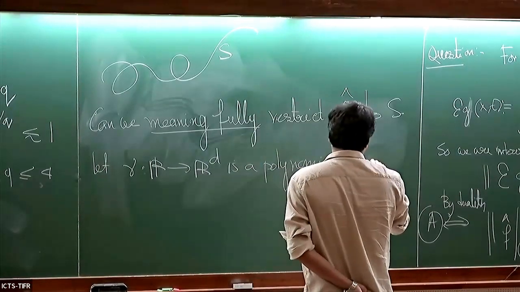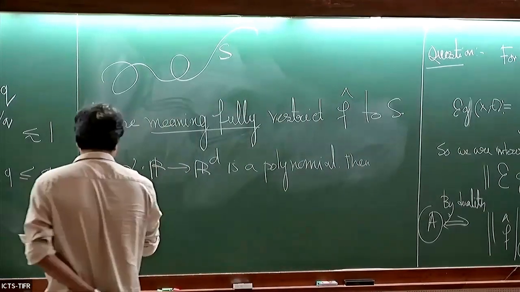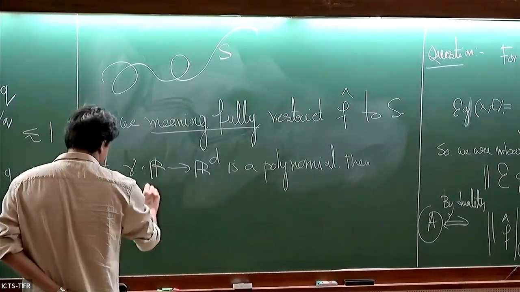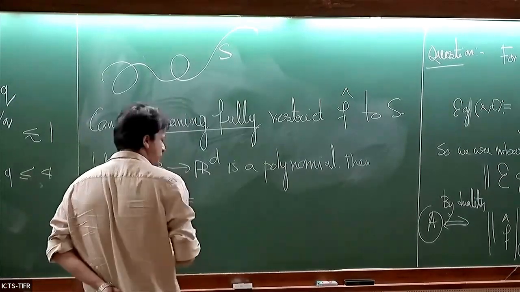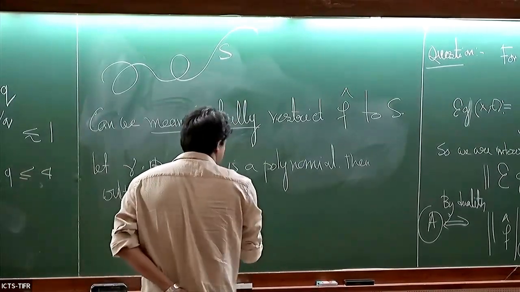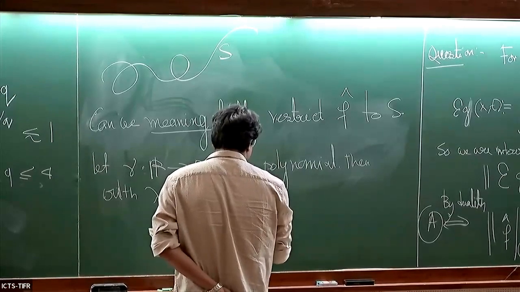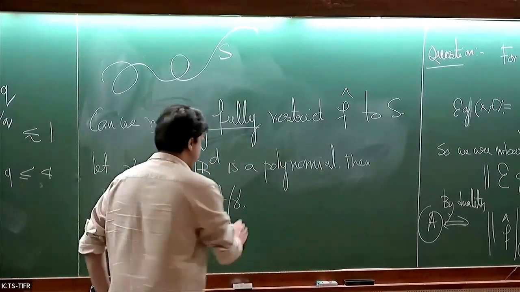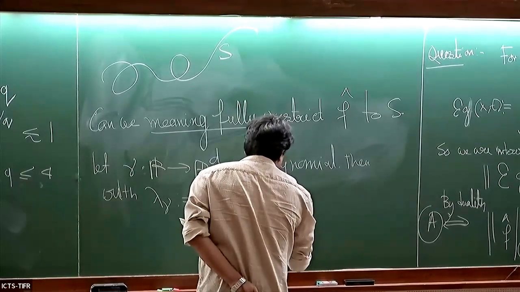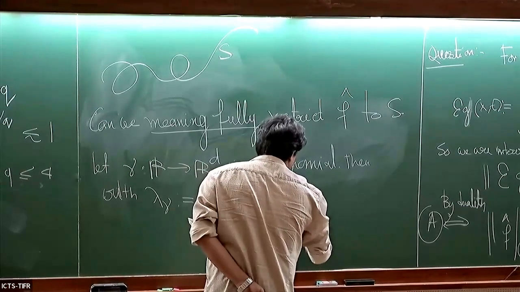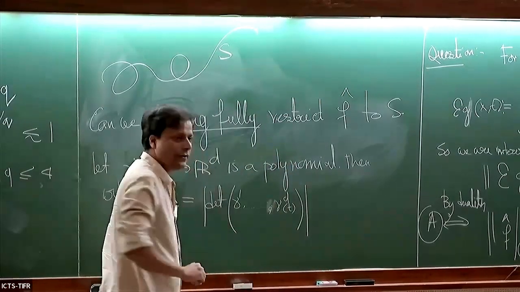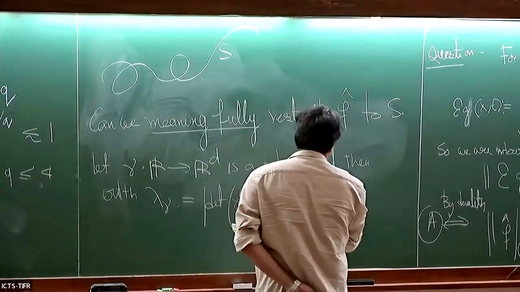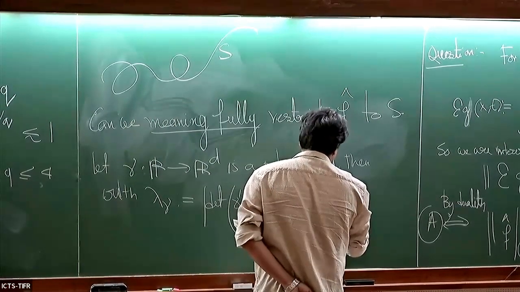Then let lambda gamma be the affine arclength measure, defined by the determinant of this d by d matrix. The first derivative of gamma gives the first column, and the dth derivative of gamma gives the last column. Take the determinant of this torsion matrix and take the appropriate power, 2 over d times d plus 1.